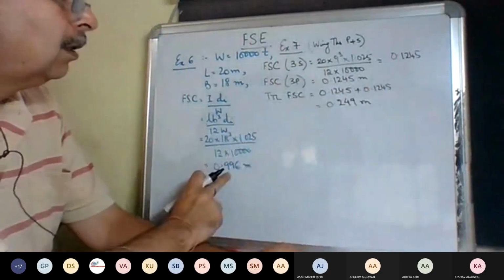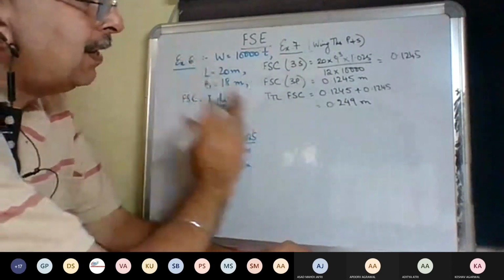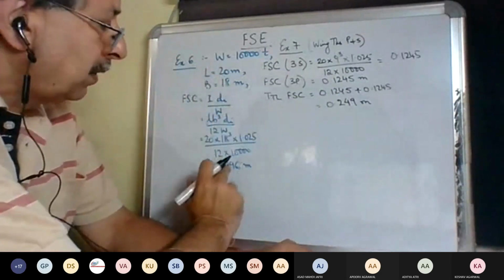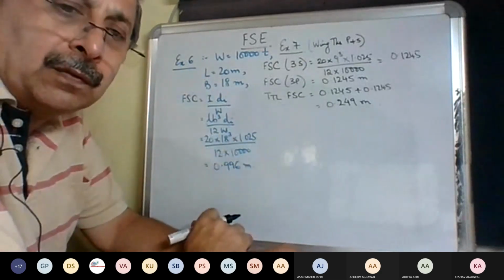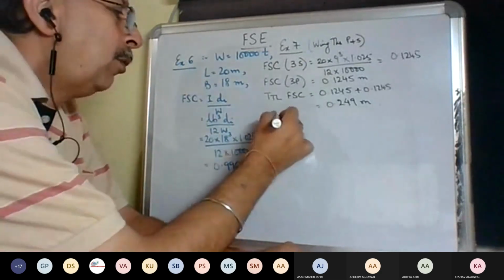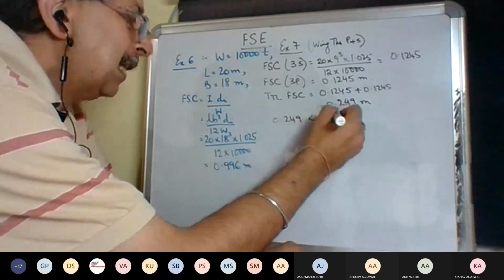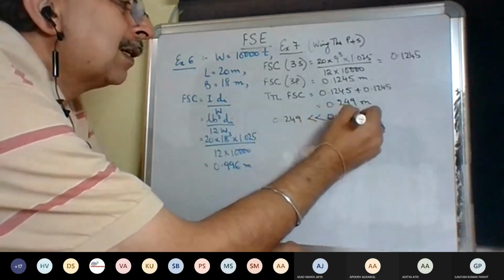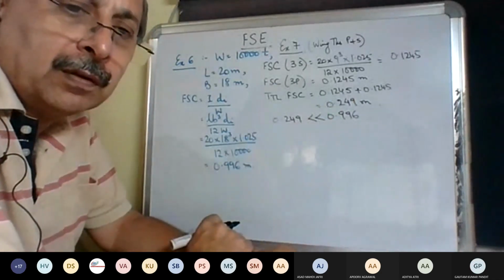Now you can see the FSC, just by merely putting one division, has almost become 1/4. 0.249 hence is far less than 0.996. It's become 1/4. Correct?